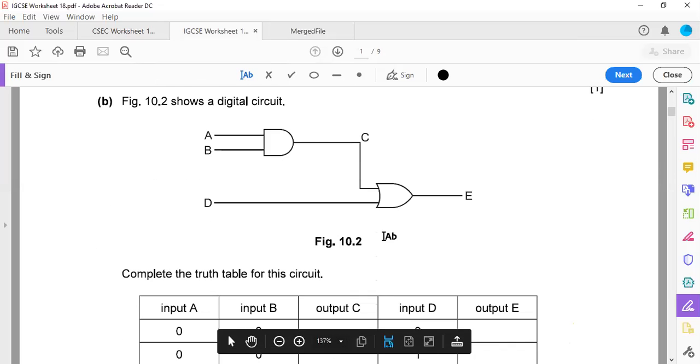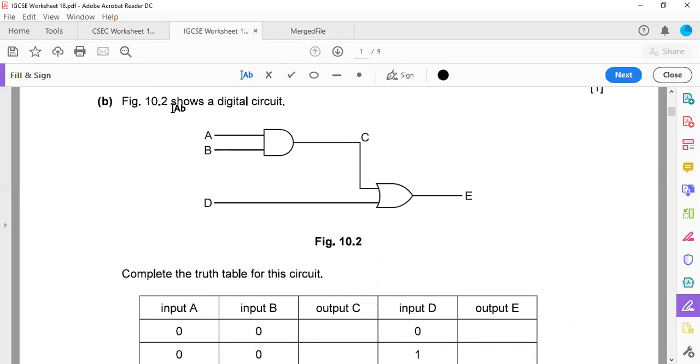Going lower down, 10b says figure 10.2 shows a digital circuit with inputs A, B, C. So this is what type of gate again? Anybody know what type of gate this is? You can type it in the chat so I can know you're following.